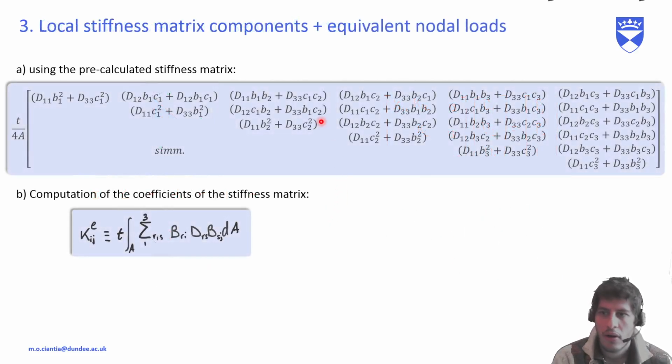Now, how do we obtain the local stiffness matrix components? We have two ways of doing this. On Friday, we used this expression, where we compute the coefficients we need by developing it. So we needed the shape functions, etc. This is a pre-calculated stiffness matrix, which you can always use, and this is for the constant strain triangle only.